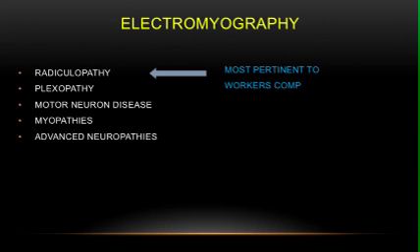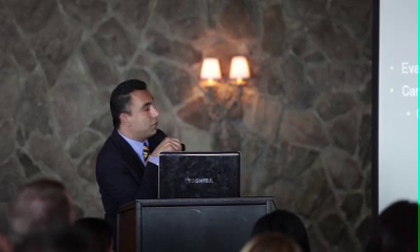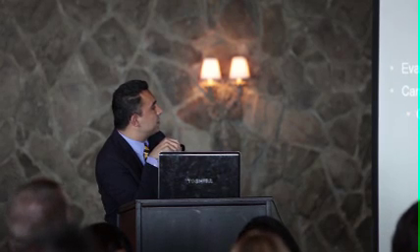There is one big limitation of electromyography that I do want to mention: when we talk about axonal injury, we can only test motor axonal injury. In reports you might see a normal test and then the practitioner gives you a little caveat saying, well, we cannot test sensory roots.